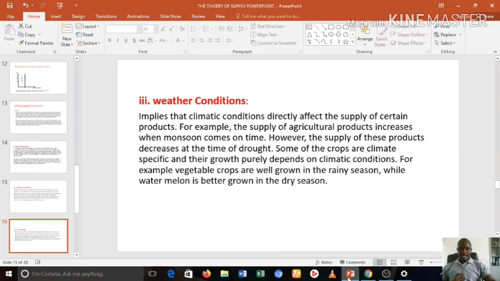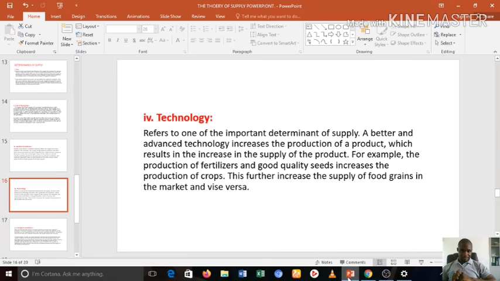Good. The next factor is technology. Generally, looking at technology as a factor that influences supply, if there is an advanced technology level or an increase in technology, of course supply will increase. That is very simple and straightforward. For example, let's look at agricultural products.